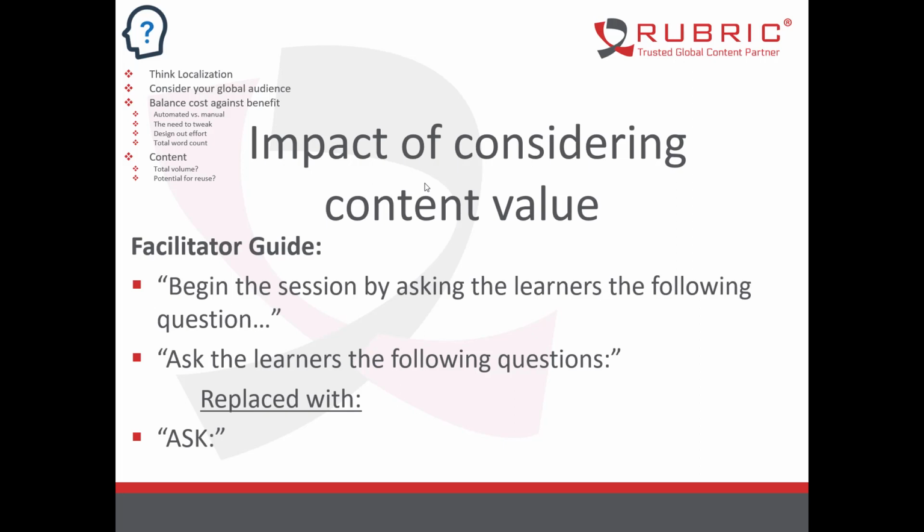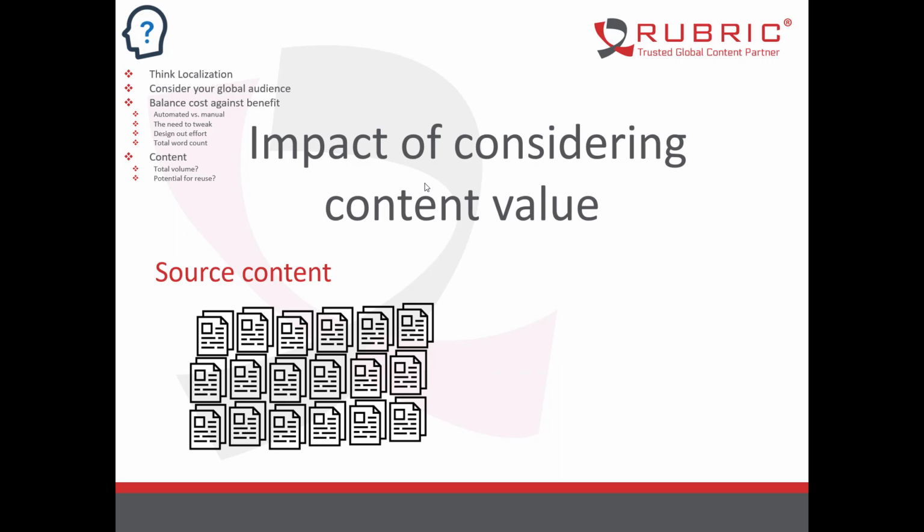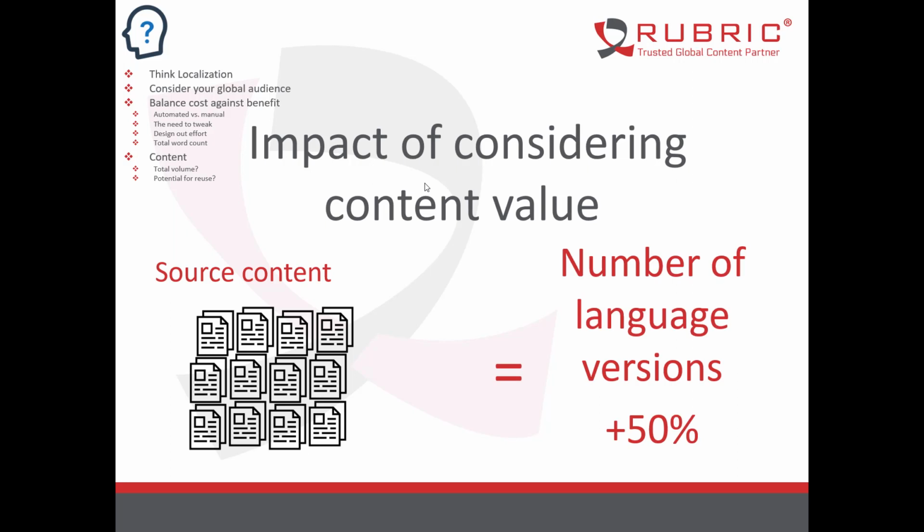The result was that the overall volume of content was reduced and reuse was improved. The cost per language therefore reduced, and for the same budget, the client was able to localize into 50% more languages. This meant they could reach the global audience they wanted to reach without impacting the resonance of the content.